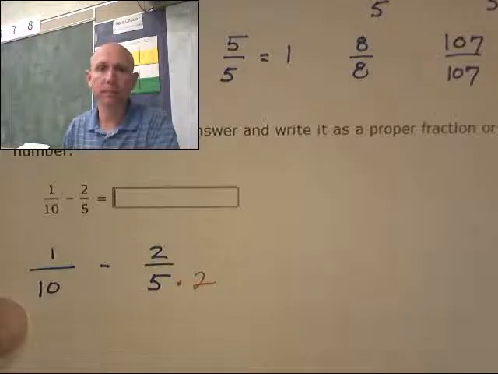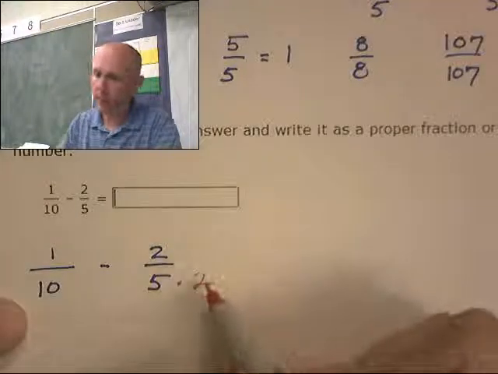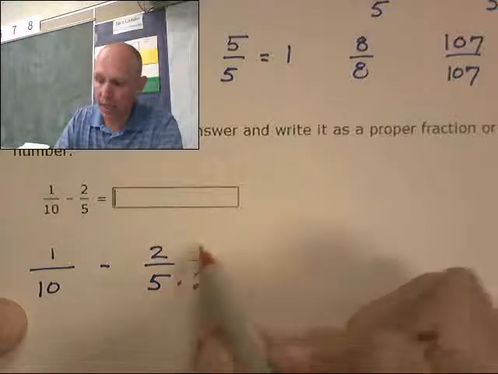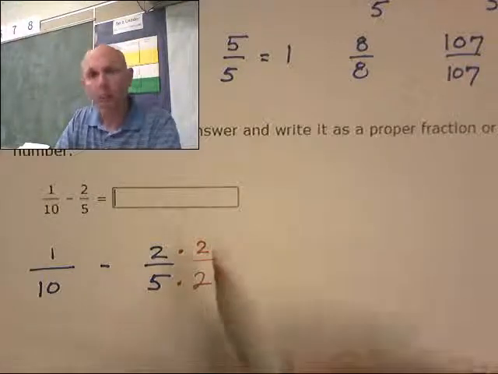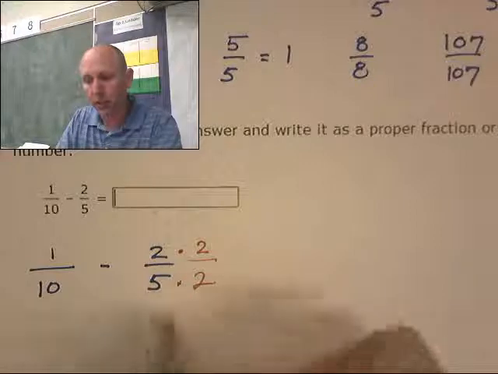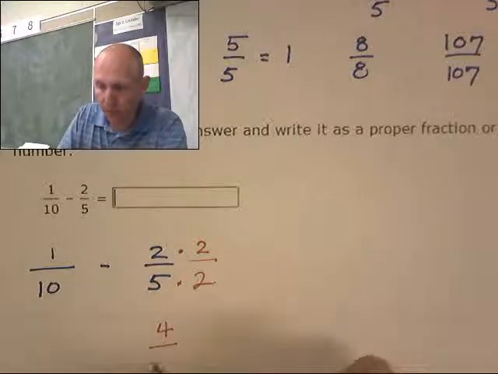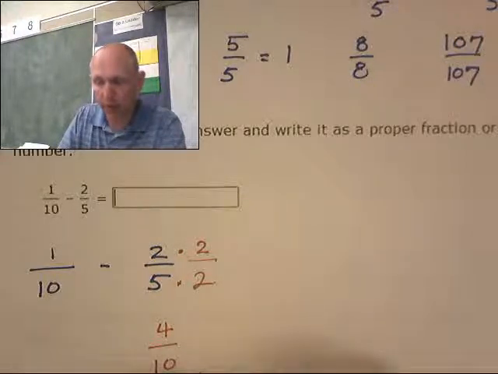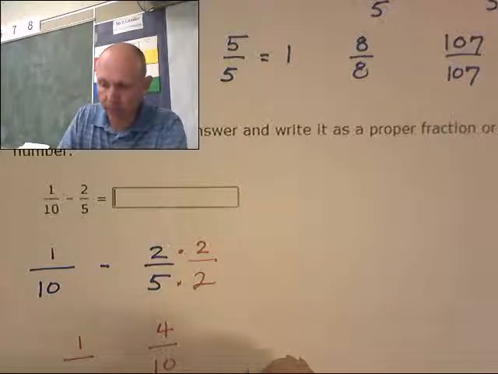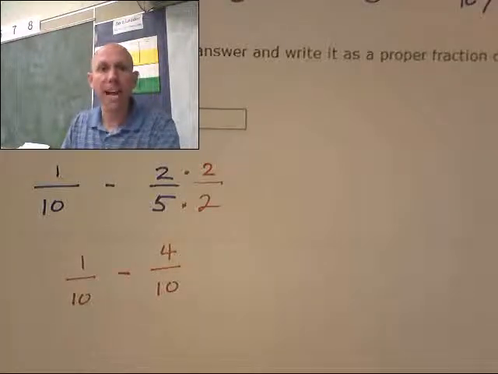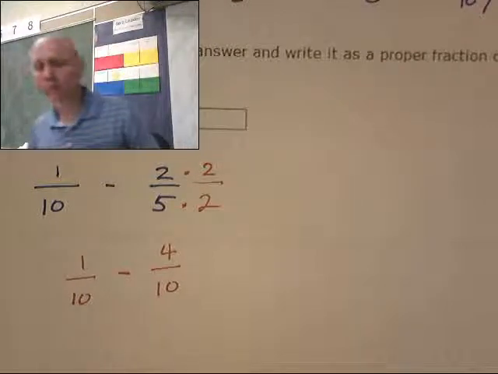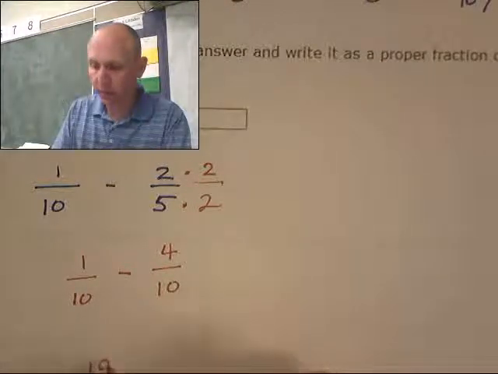But I can't just hit it with a 2. I have to hit it with a fancy 1 that's a 2. There we go. 2/5 is the same thing as 4/10. Now I can do the subtraction. I have the common denominator of 10.